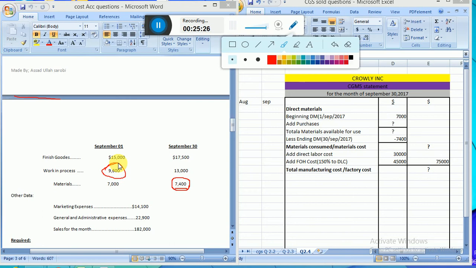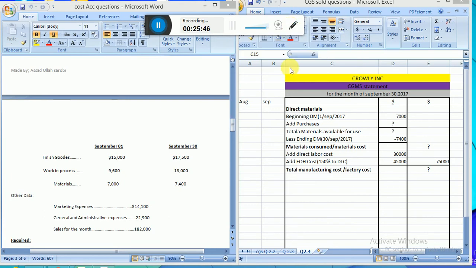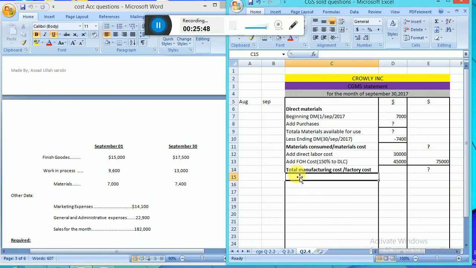So we will subtract this cost, because this work in process was not converted to finished goods in the month of August. So this becomes the beginning work in process for the month of September.